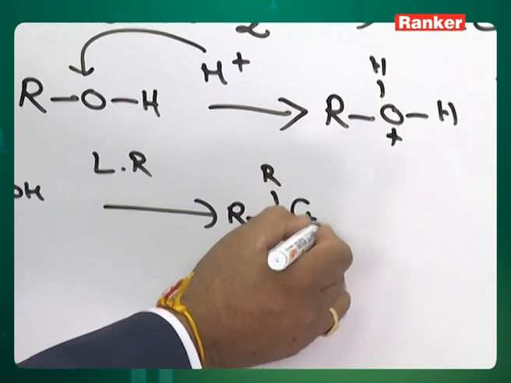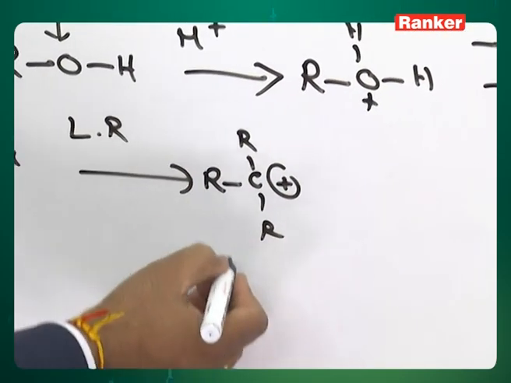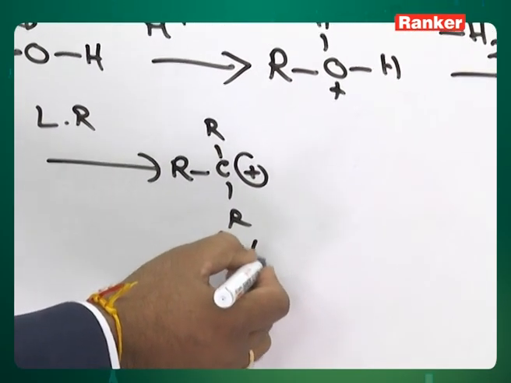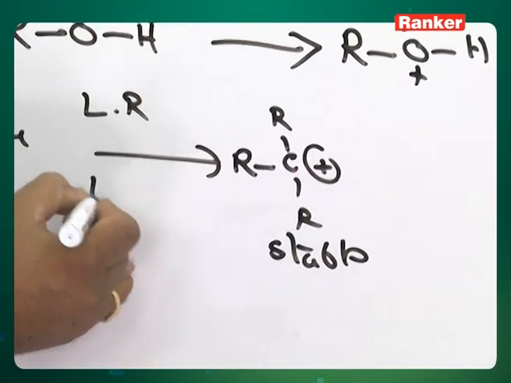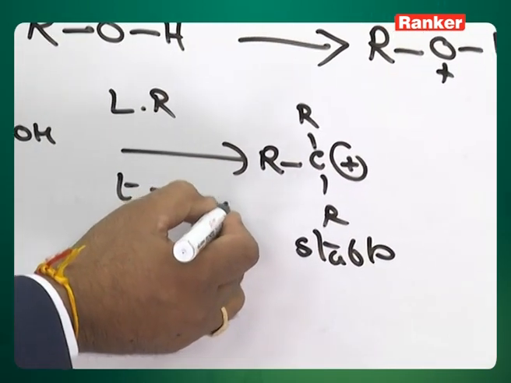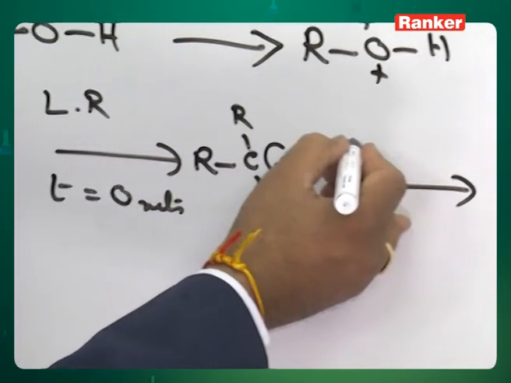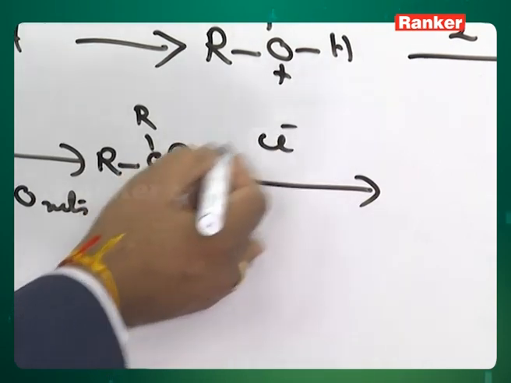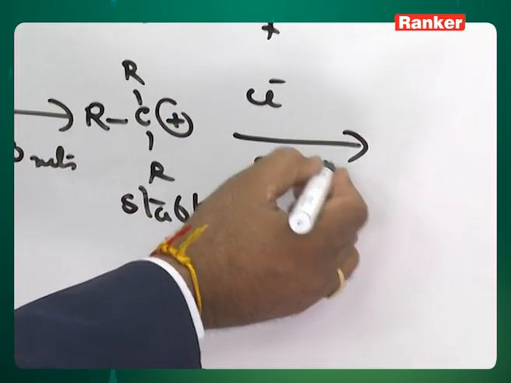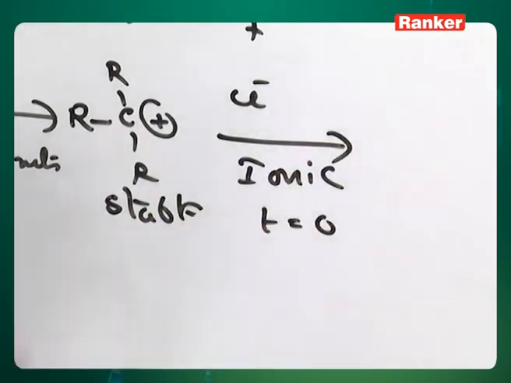The tertiary carbocation formation is very stable. So, the time required for the reaction is 0 minutes. And once the carbocation comes, the second attacking species is Cl minus. This is an ionic reaction. All ionic reactions take 0 minutes.